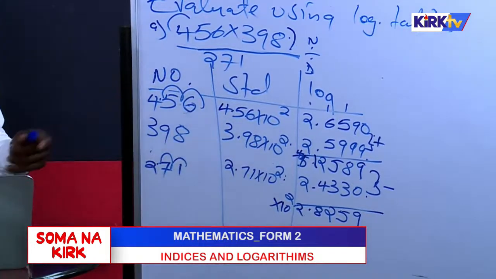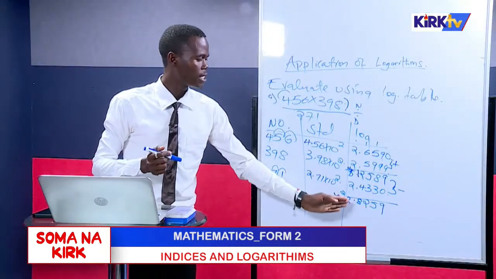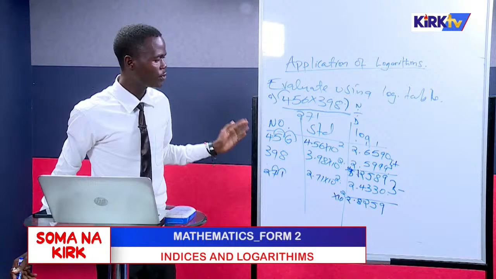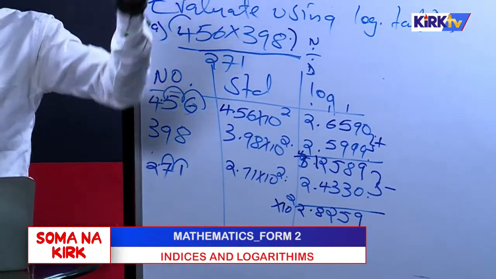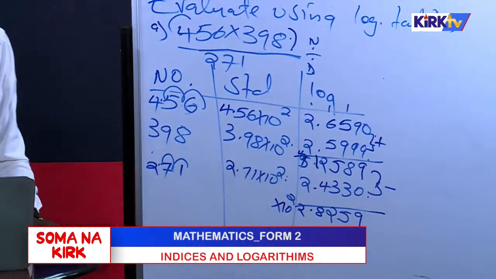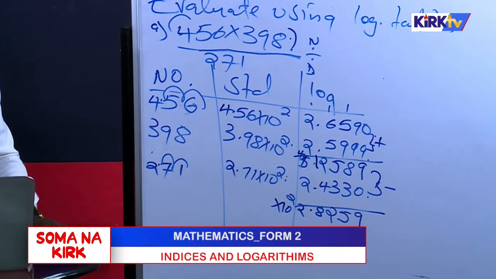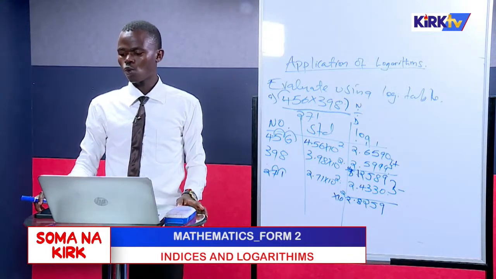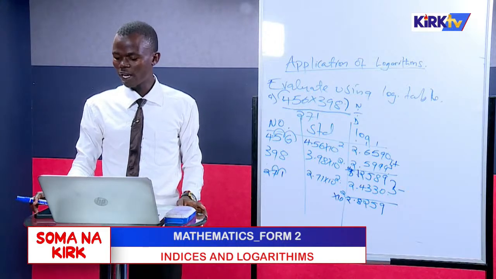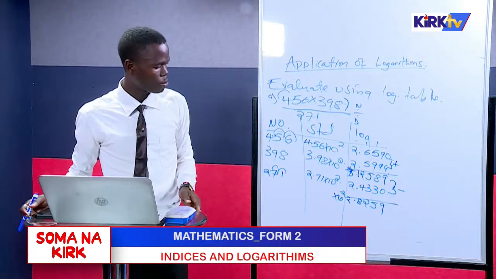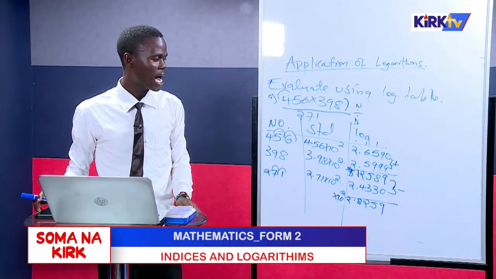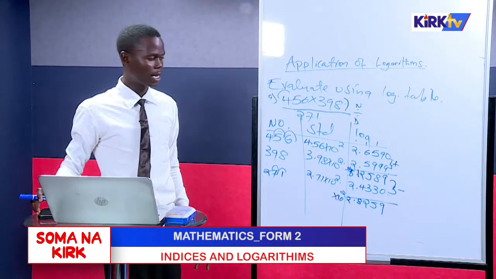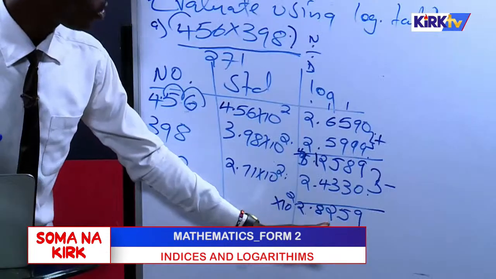In mathematics, the value before the decimal is called the characteristic, and the value after the decimal is the mantissa. We always find the anti-logarithm of the mantissa. So from there, we find the anti-logarithm of the mantissa, which is 8259.